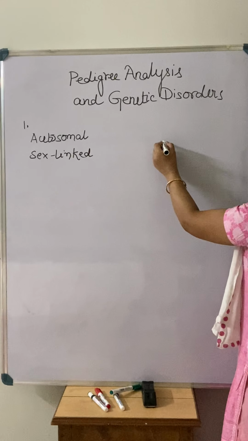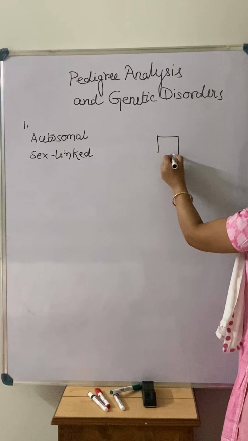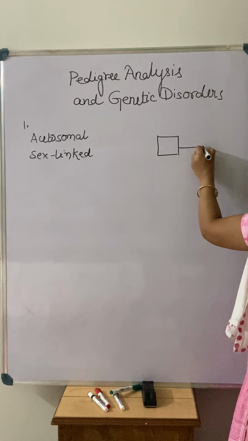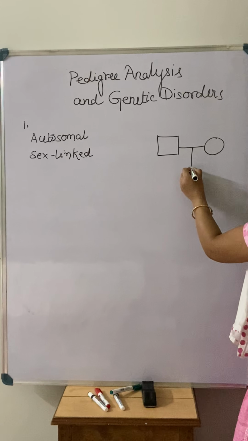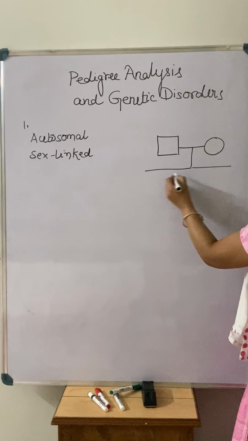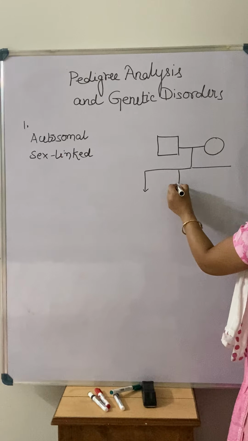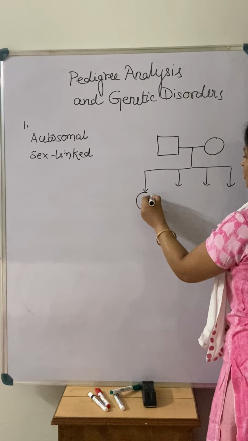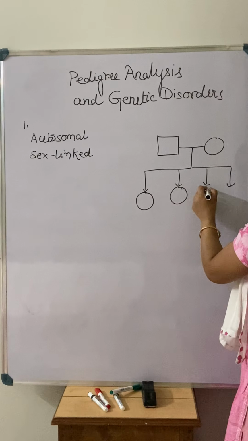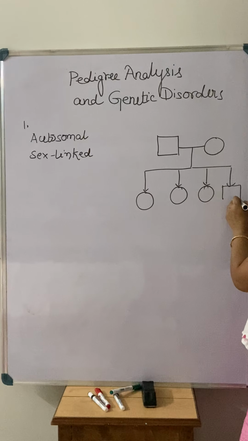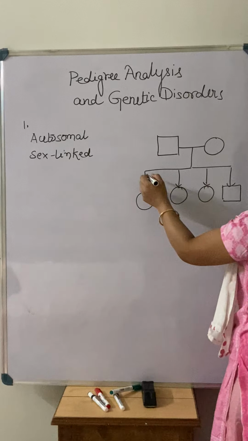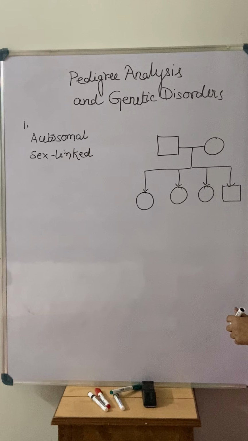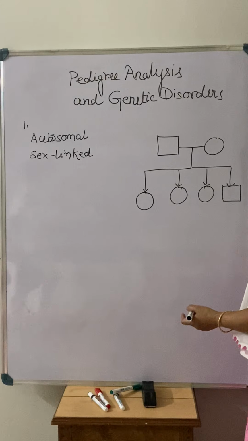For example, there is one pedigree or pictorial graph given like this, and I am asking you to tell me whether this is an autosomal disease or a sex-linked disease, or whether it is autosomal dominant or autosomal recessive.